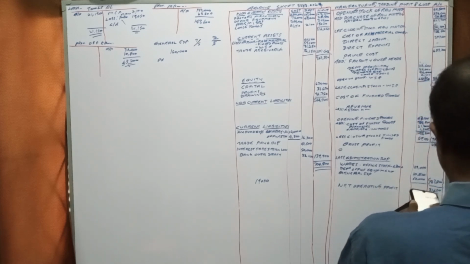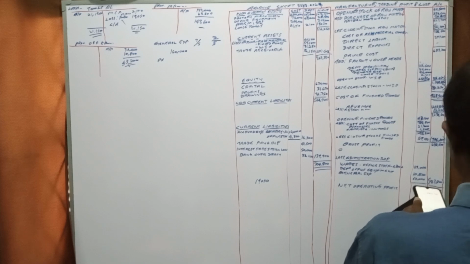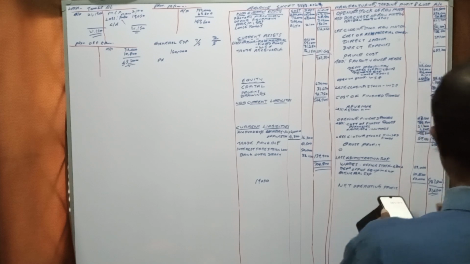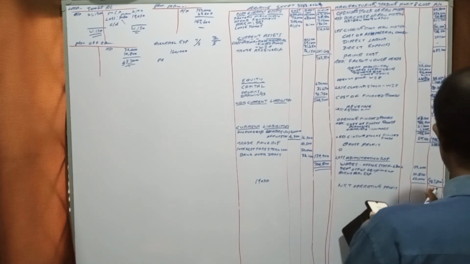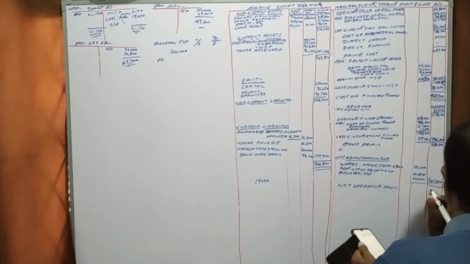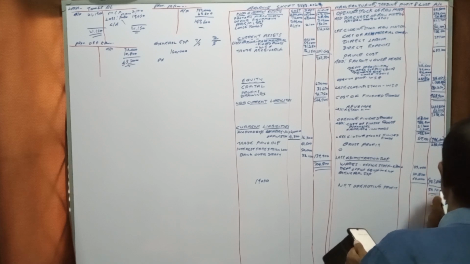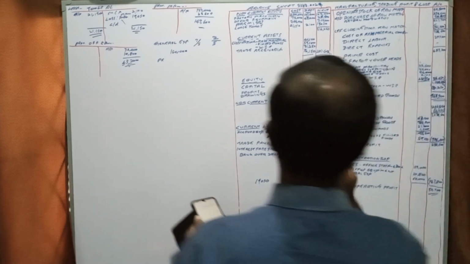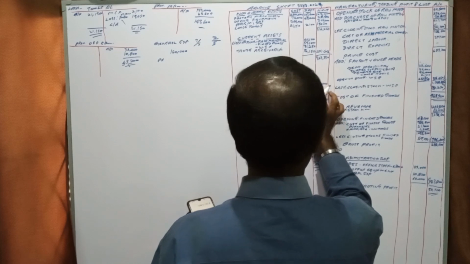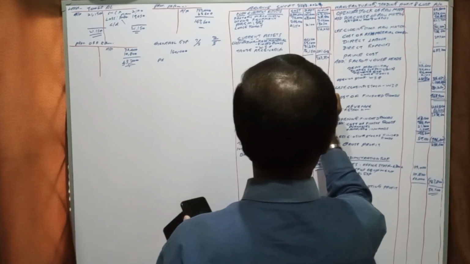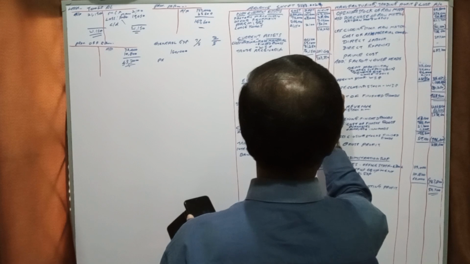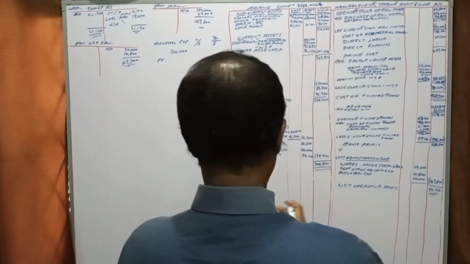Minus 187,800 is equal to 50,700. 50,700 is the net operating profit, right?